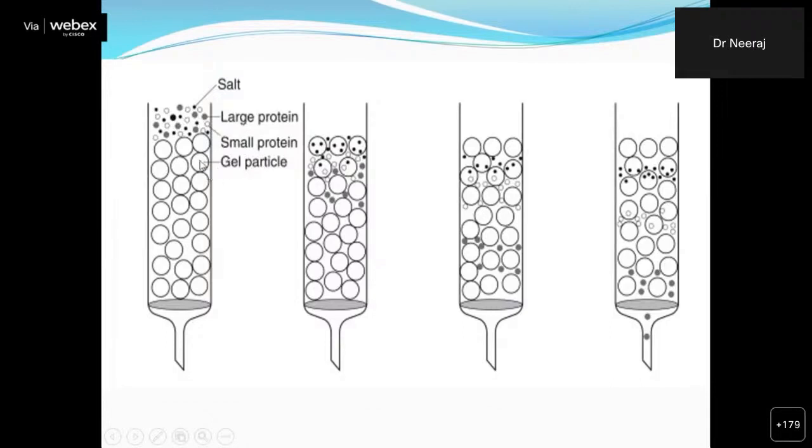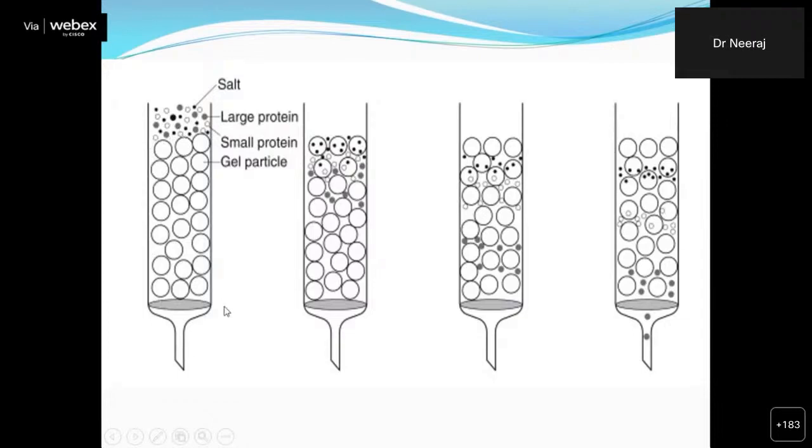In this gel, there are small holes. In a small hole, only small protein can enter, then exit, then again enter, then exit. And the large protein will not be able to enter into the small pores of this gel, so it directly goes to the lower side.